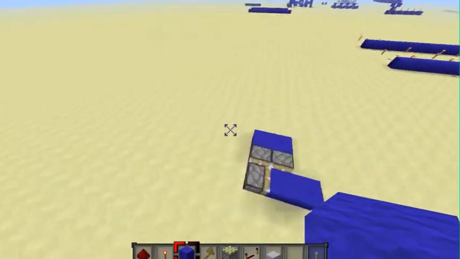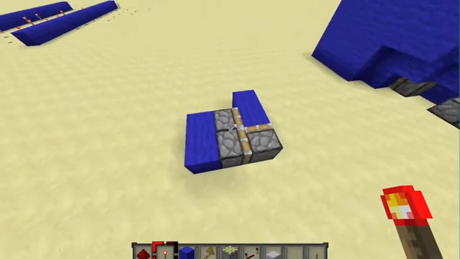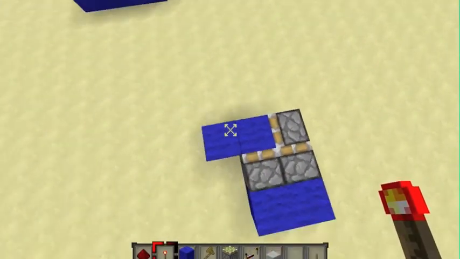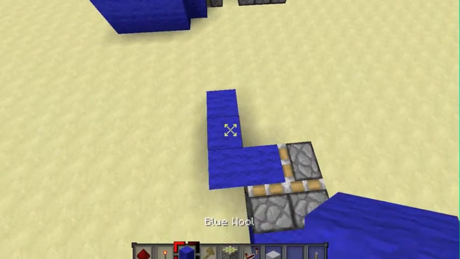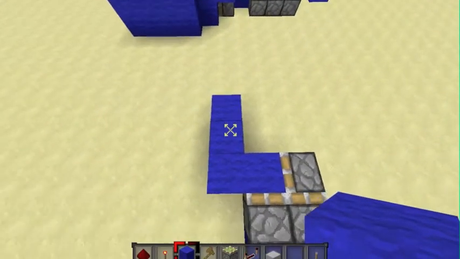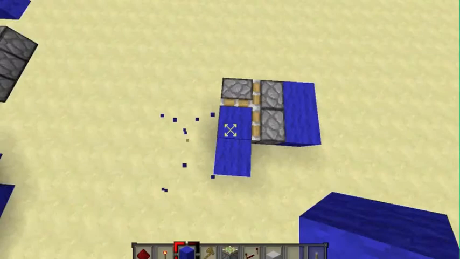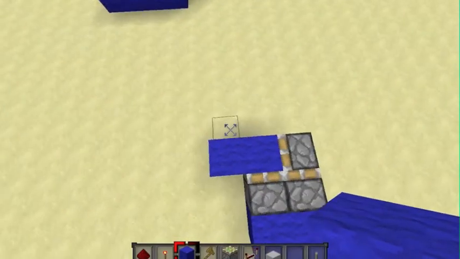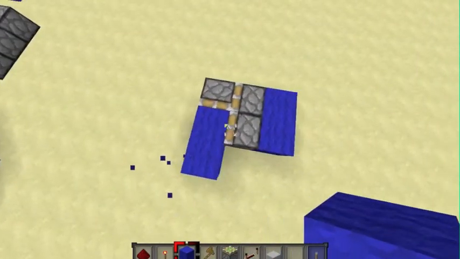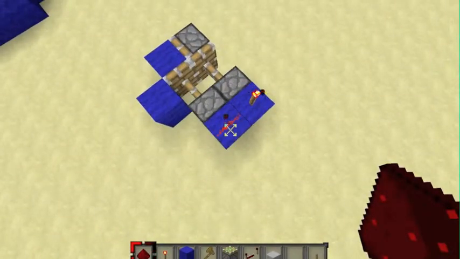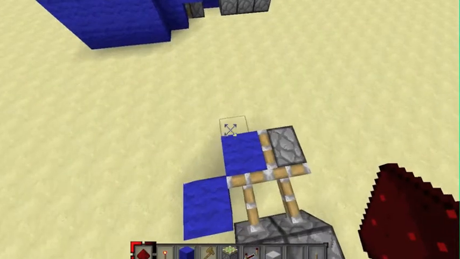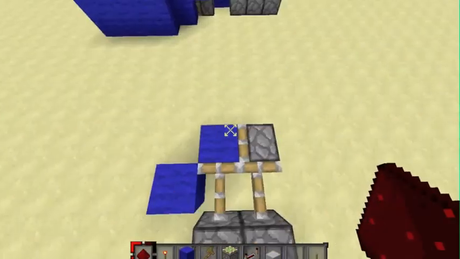So here I have a bit of a demonstration set up. Basically, this is sort of like the floor of the piston door right here. This is where our door is going to be, and we want this to basically move that piston to there. So what we would do is we would simply extend that first, because if we extended this first, it would just push it out.